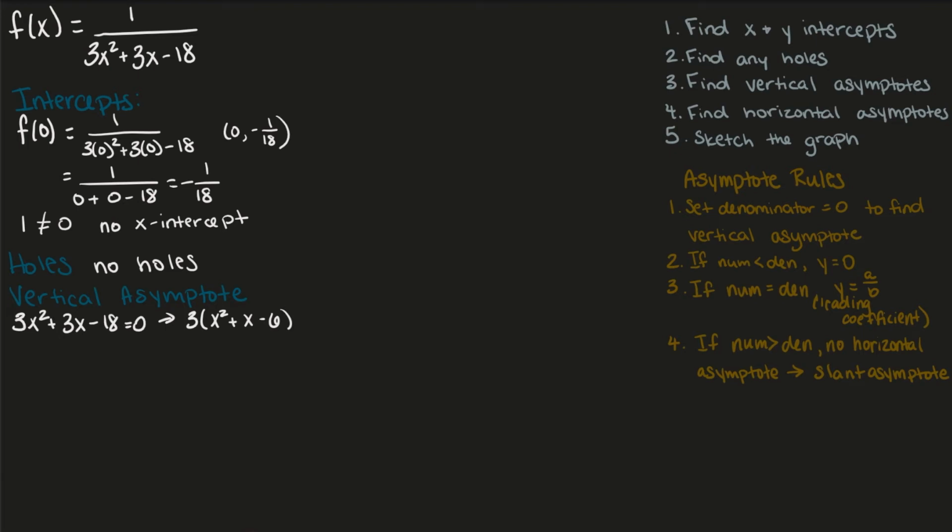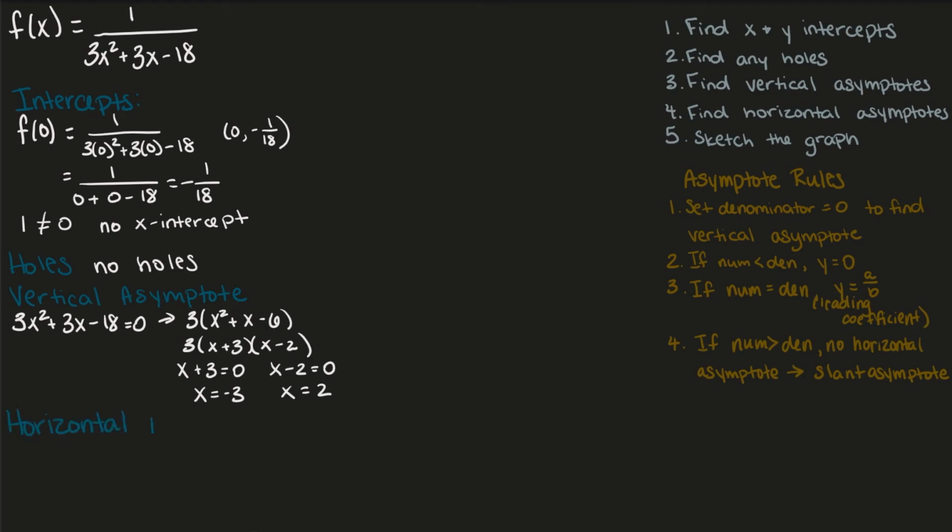This becomes 3 times x plus 3 times x minus 2. And then we're going to set each of these binomials equal to 0. We want to find all the places that make the denominator equal to 0, which means x plus 3 equals 0 and x minus 2 equals 0, so our vertical asymptotes are at x equals negative 3 and x equals 2. So this graph has two vertical asymptotes.